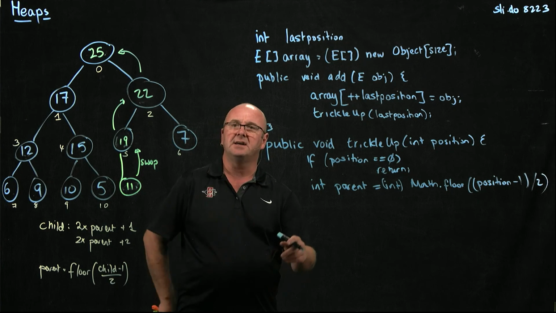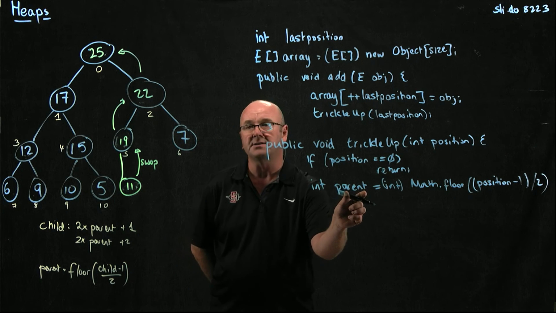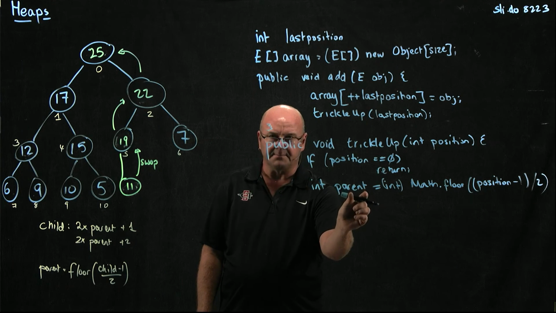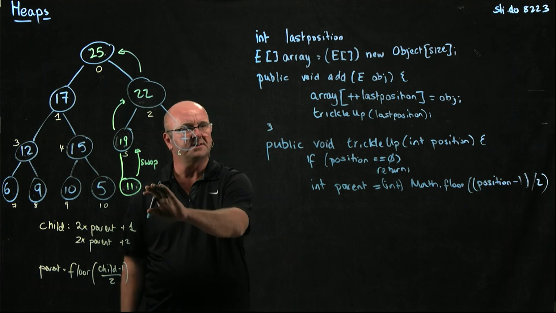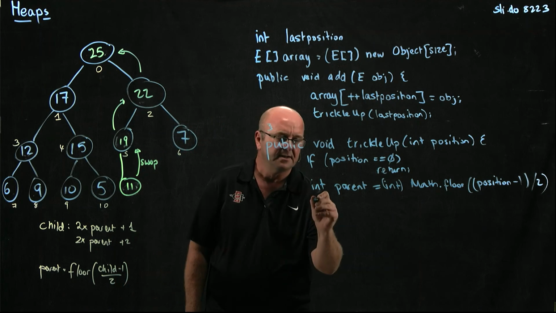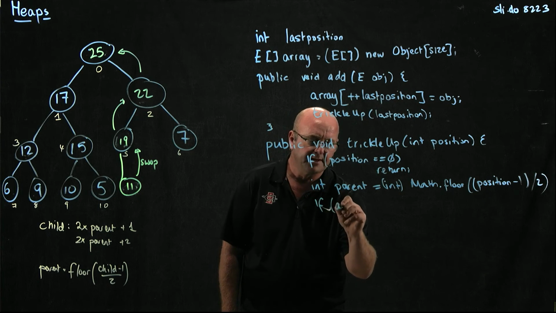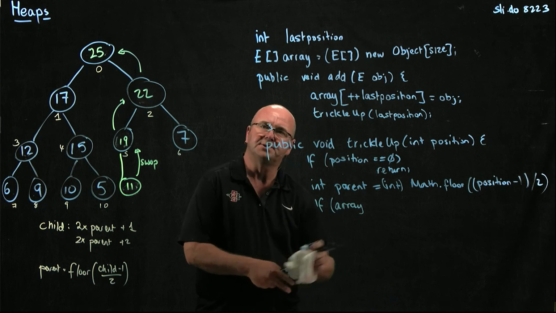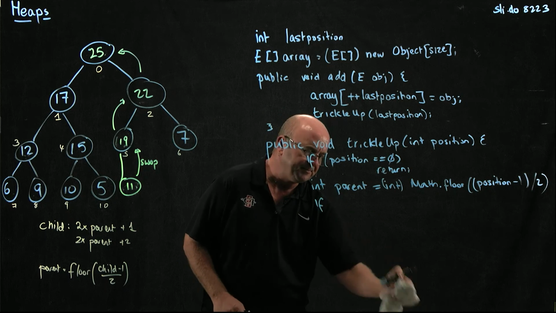And then we say if the array at parent is smaller than our current position, or if our current position is larger, it doesn't matter which way around you say that. So let's say if array, actually, let's use generics to do this comparison.